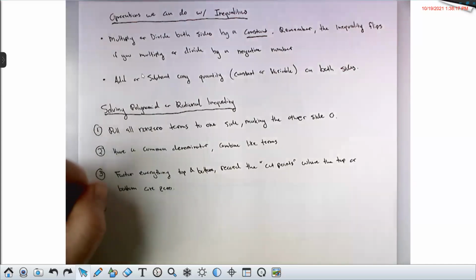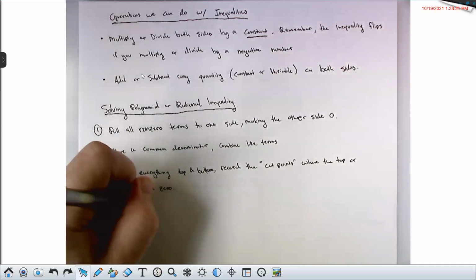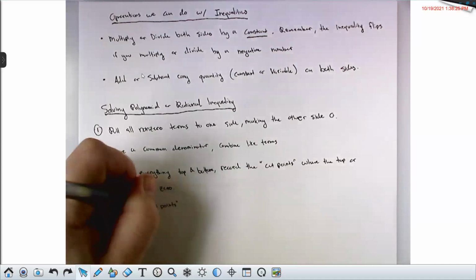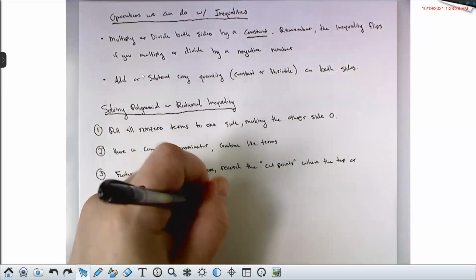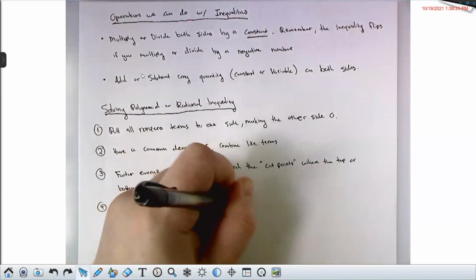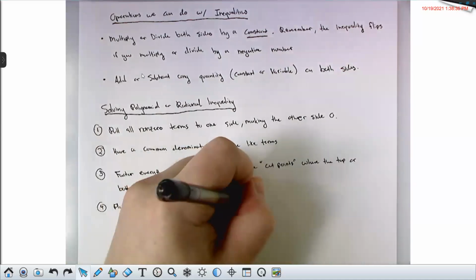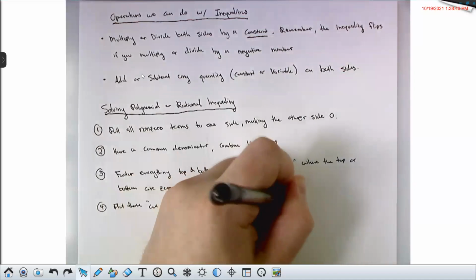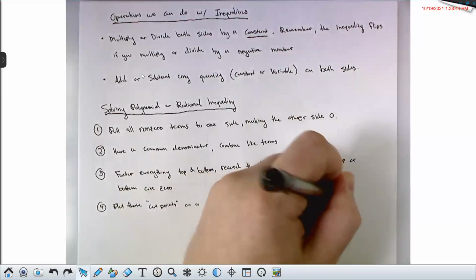Then you're going to plot those cut points on a number line, which will divide the line into segments or into regions.